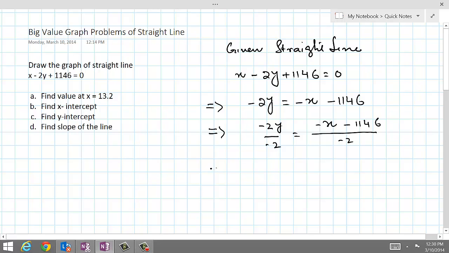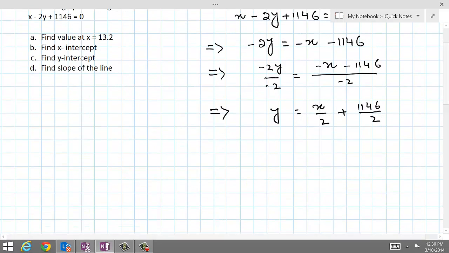So this gives us y equal to x over 2 plus 1146 over 2. 1146 divided by 2 is 573, so y equals x over 2 plus 573.